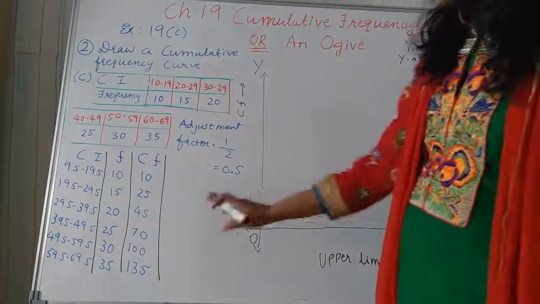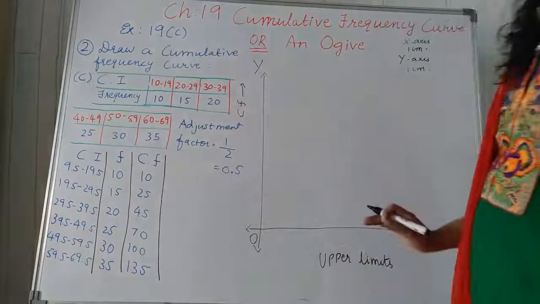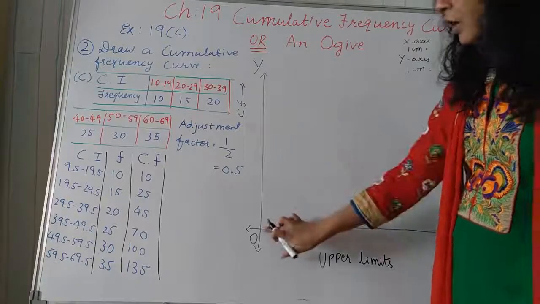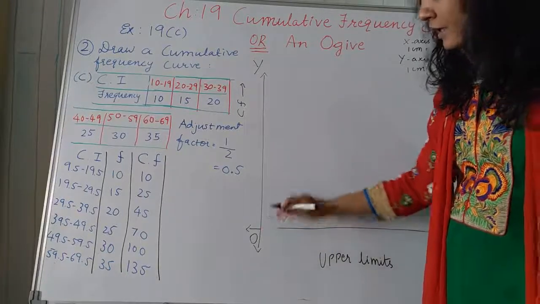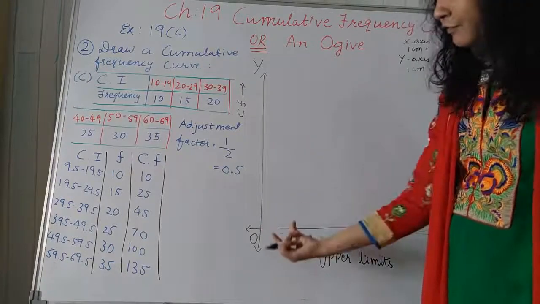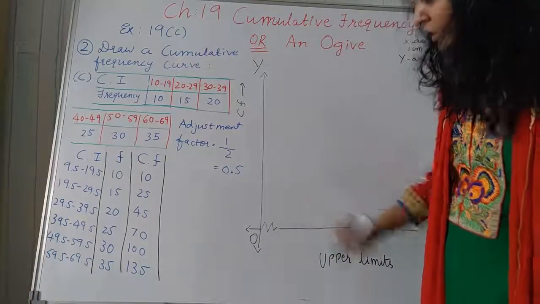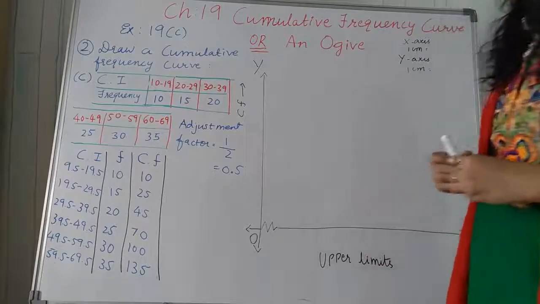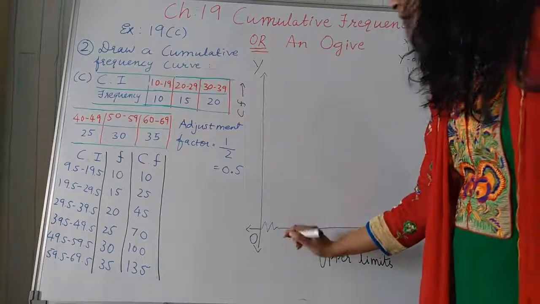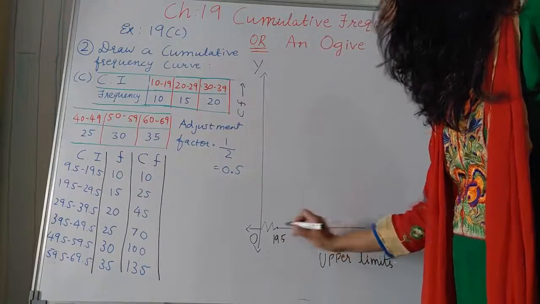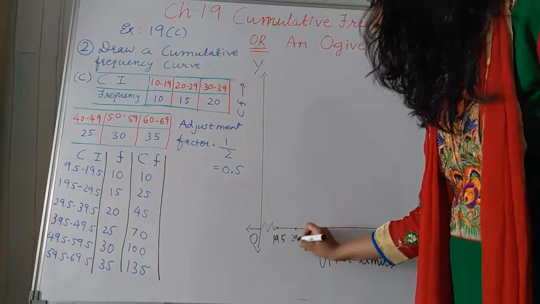And one more thing, in this data you are not given the first interval starting with 0. So I will rub my first box line and just draw the kink here this way. Then students, I will start from here, first writing 19.5, then the next is 29.5.